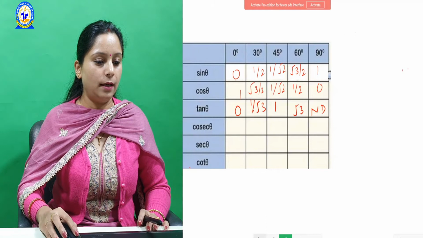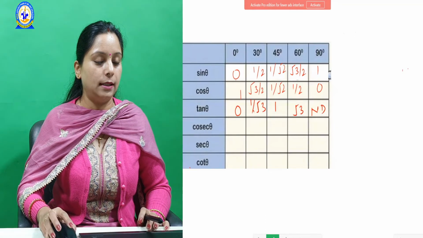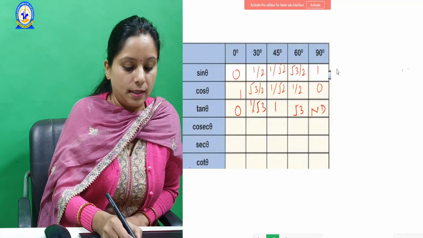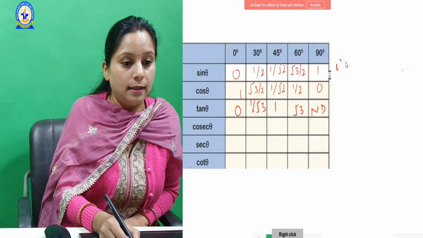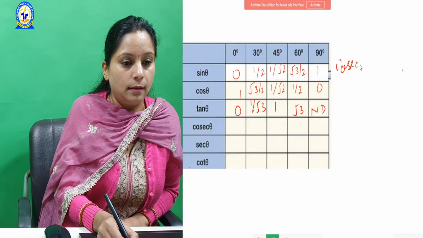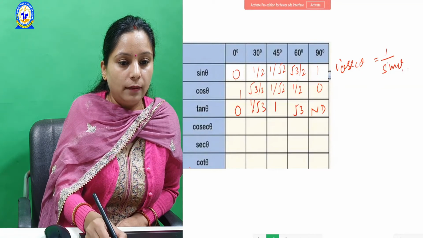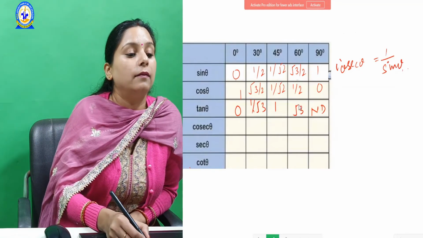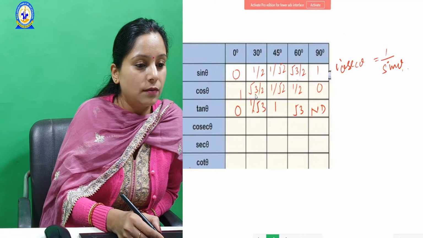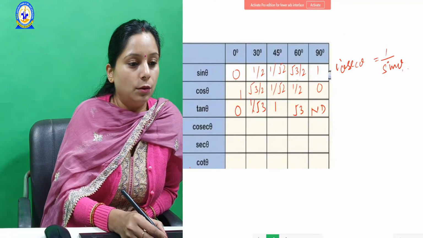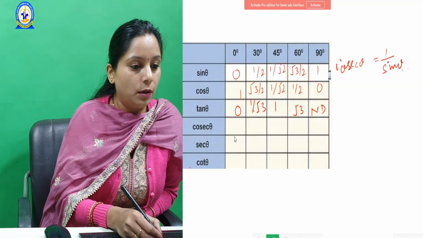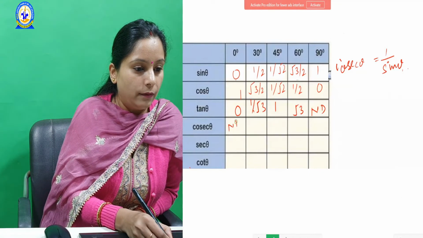Now we will learn to find the value of cosec theta. All of you know that cosec theta is the reciprocal of sine theta, so cosec theta can be written as 1 upon sine theta. To fill the values for cosec theta, we will just take the reciprocal of the values of sine theta. Sine 0 is 0, so it will be 1 upon 0, which is not defined.